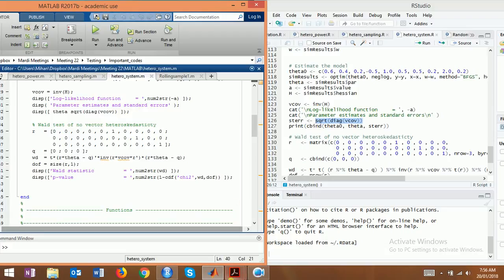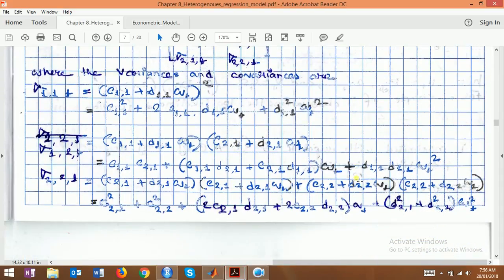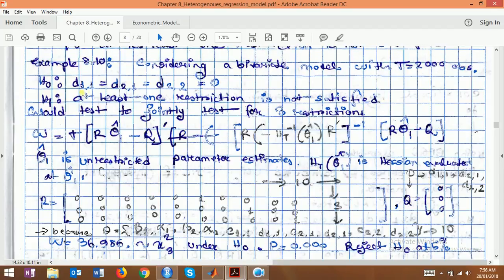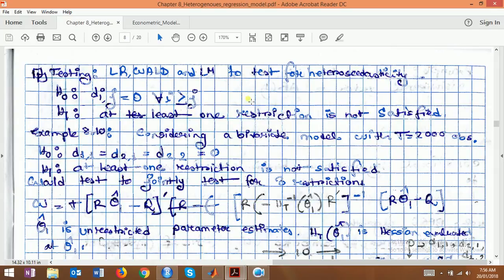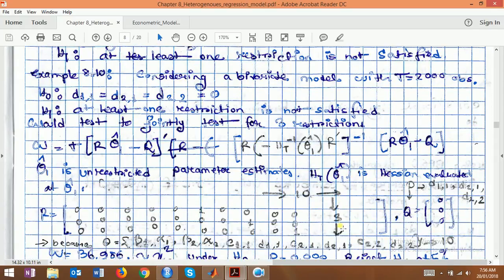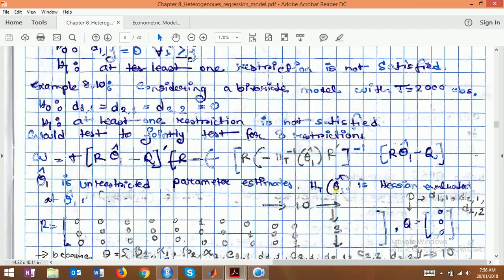is simply, let me show you. The diagonal elements here, d11, d21, d22, these are what I'm trying to restrict, because they are the diagonal elements of the variance covariance matrix.